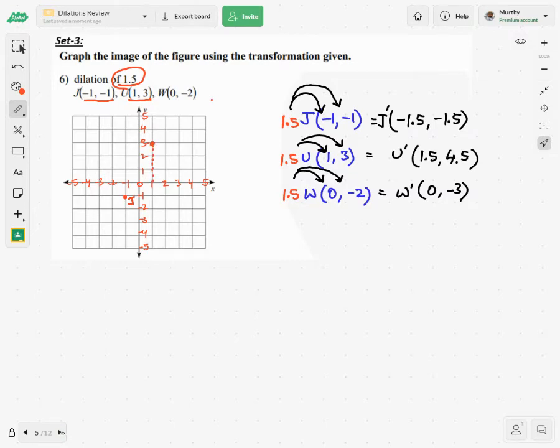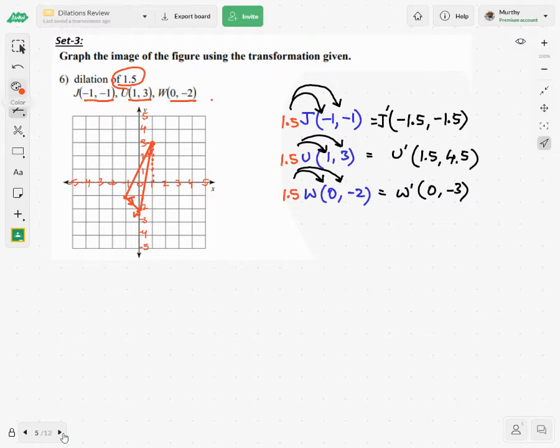These two are meeting at this point, so this is U. Next, W is (0, -2). This is W. If you are working on paper, use a straight edge to join these points. Okay, so this is the original triangle.